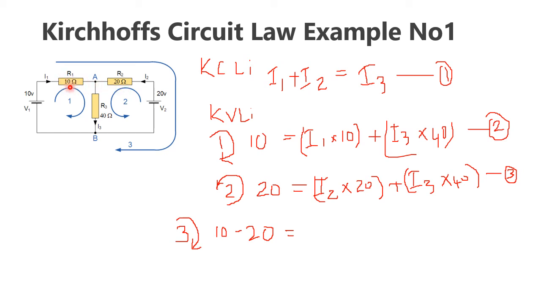For R1, the current flows in the same direction as my loop direction, so plus I1 into 10 ohm.